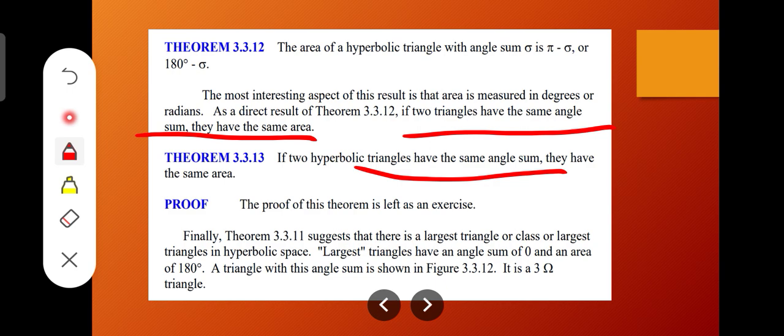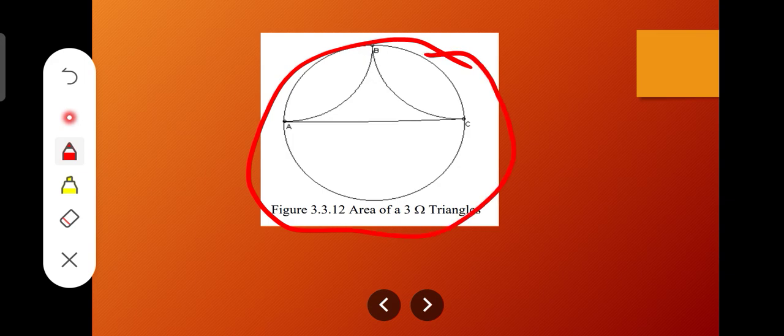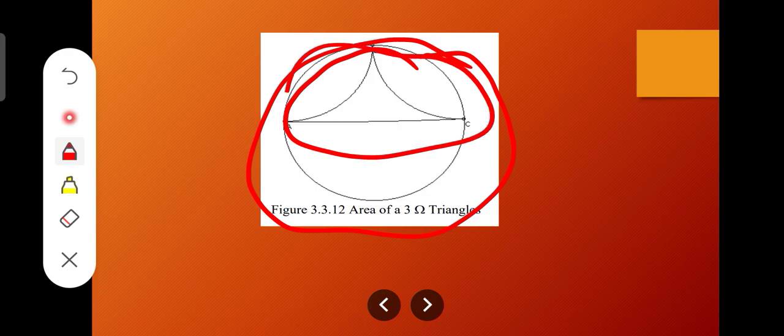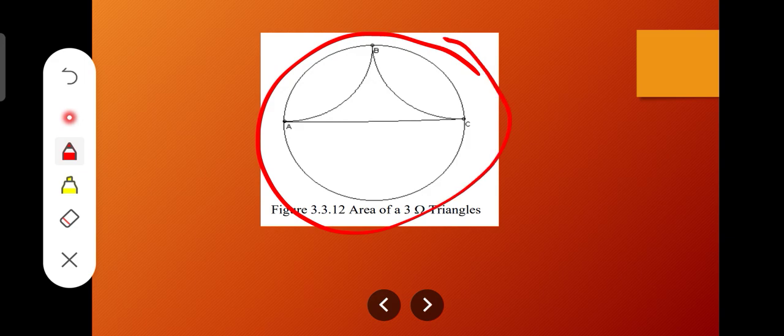This figure is what is called the largest triangle in hyperbolic space. The sum of their angles is 0, so their area is 180 degrees. So this is considered the largest triangle in hyperbolic space.